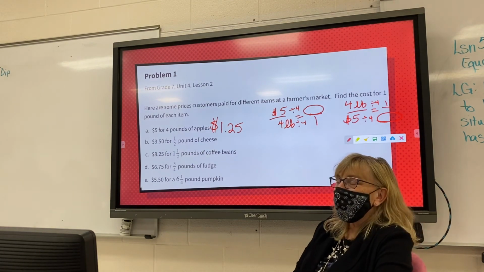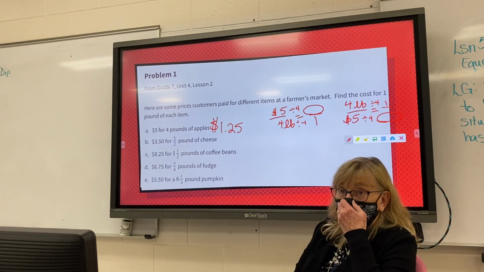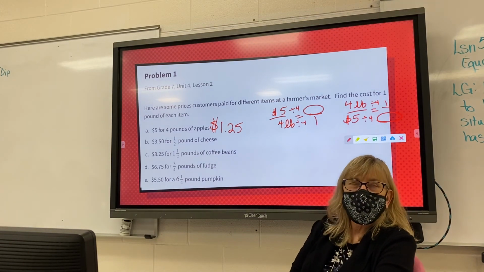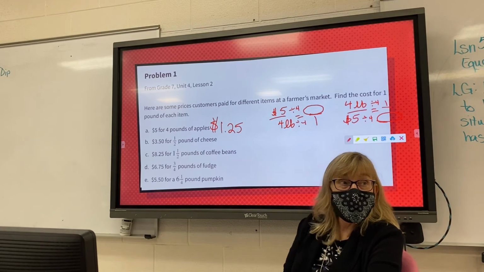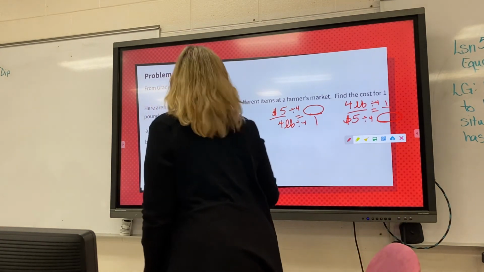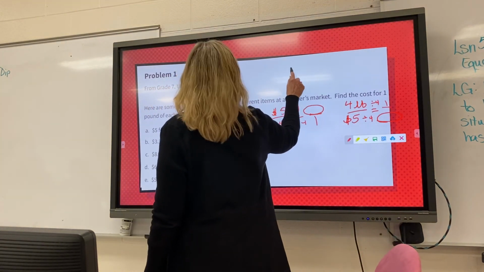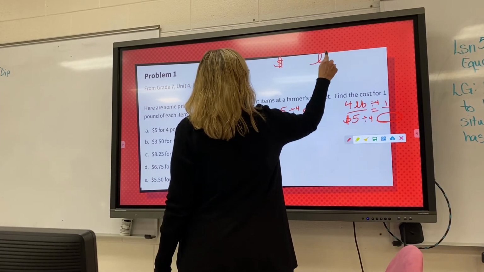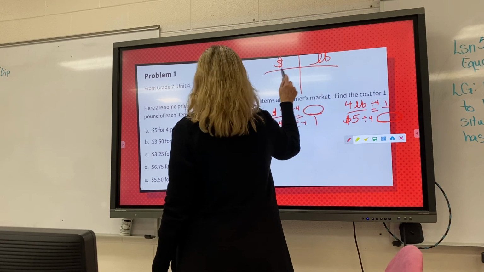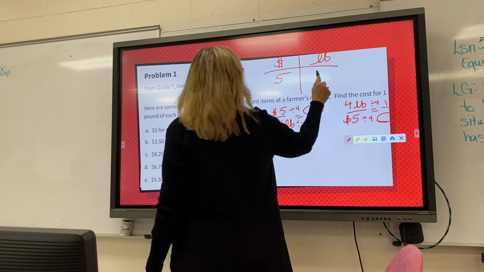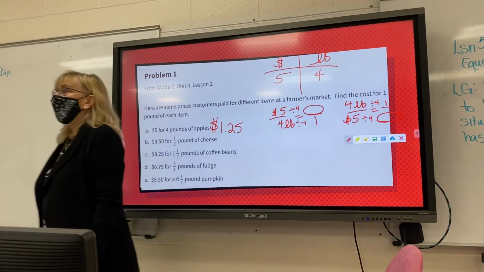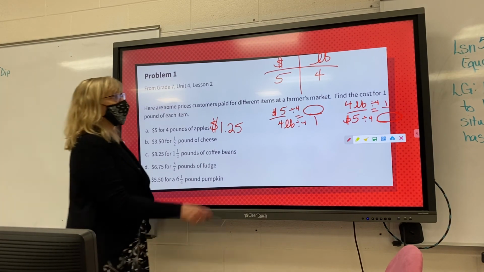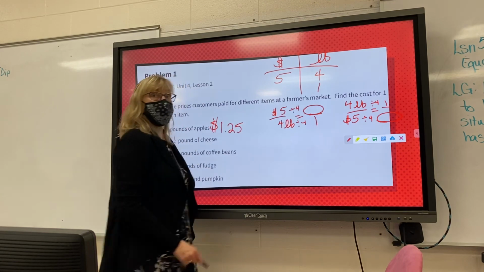All right. Is there another way to solve this? Go back to that very first week of school. Well, actually, the second week, when we did scale. You don't remember that? All right. Let's say I have dollars and pounds. I have 5 here and 4 here. What do I want to go to 1? I want the pounds to go to 1.